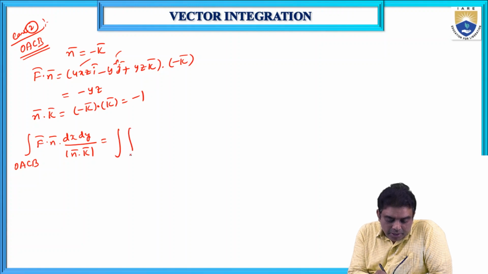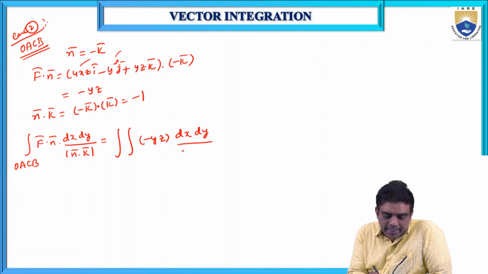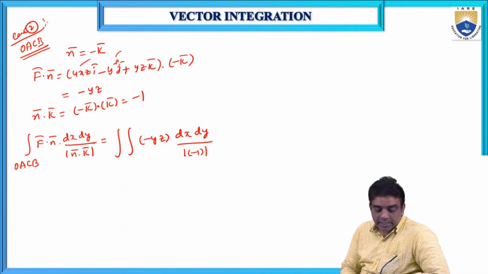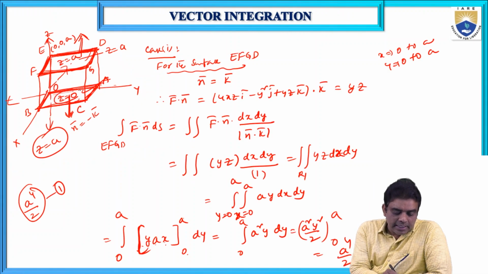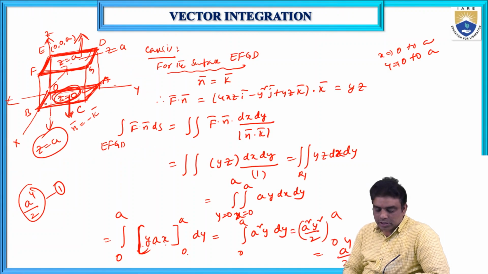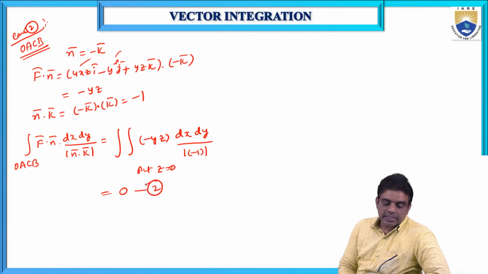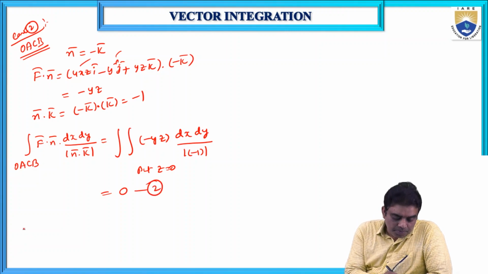So this is the double integral of minus yz dx dy by minus 1. What is the equation of this surface? The equation of OACB is z equal to 0. You can observe that this is the z equal to 0 plane. On substituting z equal to 0, the entire integral is 0. This is case 2. So the second surface integral is 0.